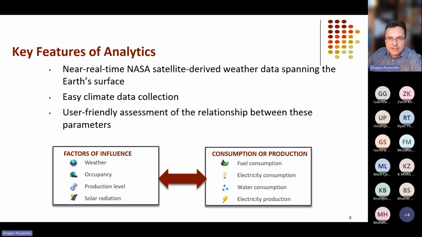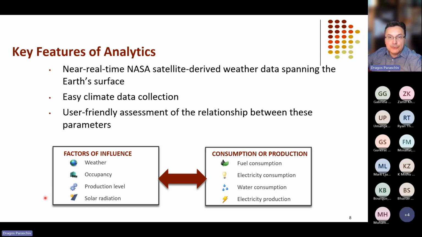Climates which see seasonal variation of temperatures usually need climate data, weather data. For performance analysis, we need the weather data, and we can use various sources. Very easy to use. It's a source of data for weather, which is embedded into RETScreen. So RETScreen has a direct link to NASA servers, and we can download the data for the particular location of our project from NASA servers. We can use other factors of influence like production, occupancy.